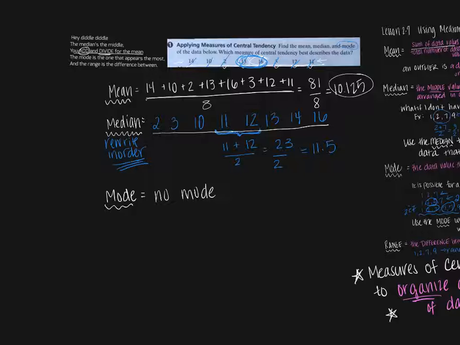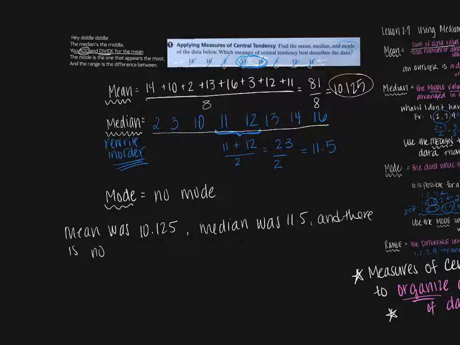Let's now look at summarizing from these measures. Remember that my mean was 10.125. The median was 11.5. And there's no mode. Okay, what do I do with this? Let's look at this a little more closely. What's the difference between the mean and my outliers? Looking back at where my mean is in this blue data set, it's saying that the average of all of these is somewhere around my 10.